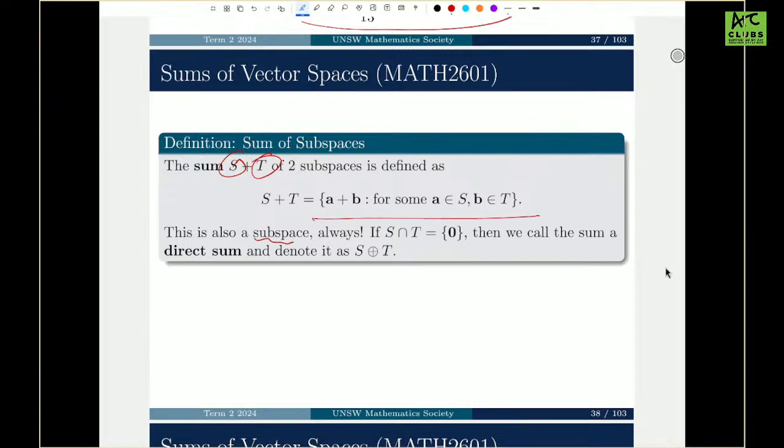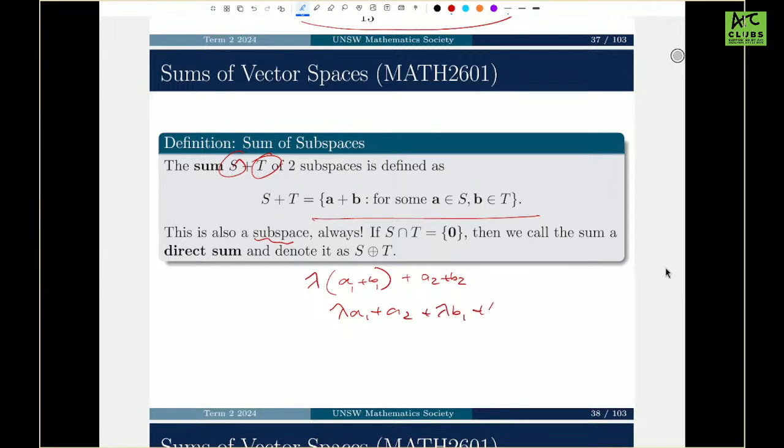So this is always a subspace, because if you have some lambda (A1 plus B1) plus (A2 plus B2), where A's are in S and B's are in T, then this equals lambda A1 plus A2 plus lambda B1 plus B2.